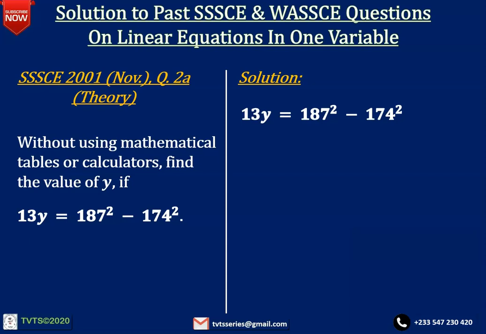So we have 13y is equal to 187 minus 174 times 187 plus 174.